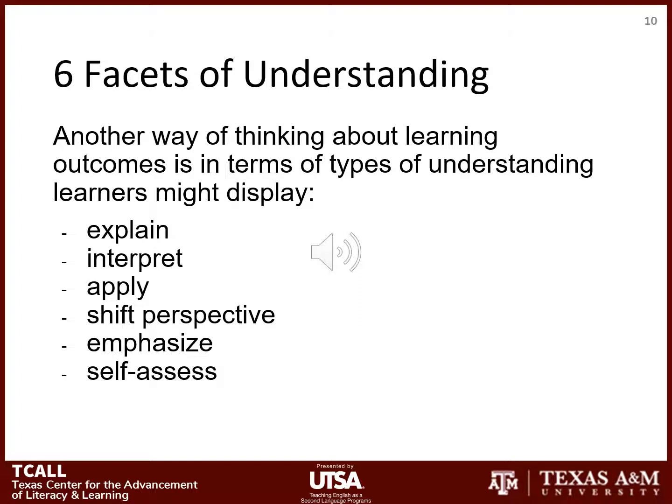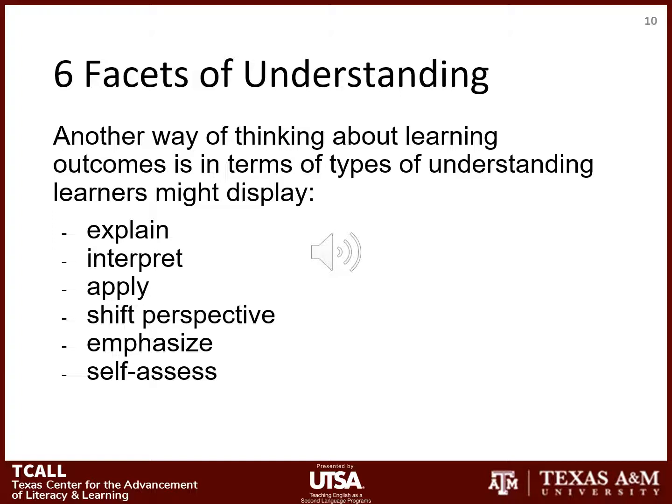In addition to the 4 types of outcomes that are listed on the previous slide, you can also think about a standard as helping to determine a learning outcome with respect to the type of understanding you would like your learners to be able to display once they have mastered or achieved the outcome. So here there are 6 different facets or types of understanding that learners might display.